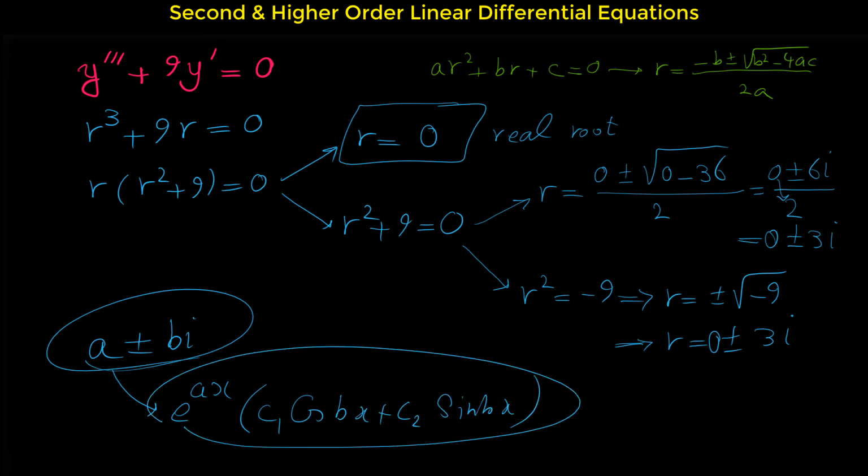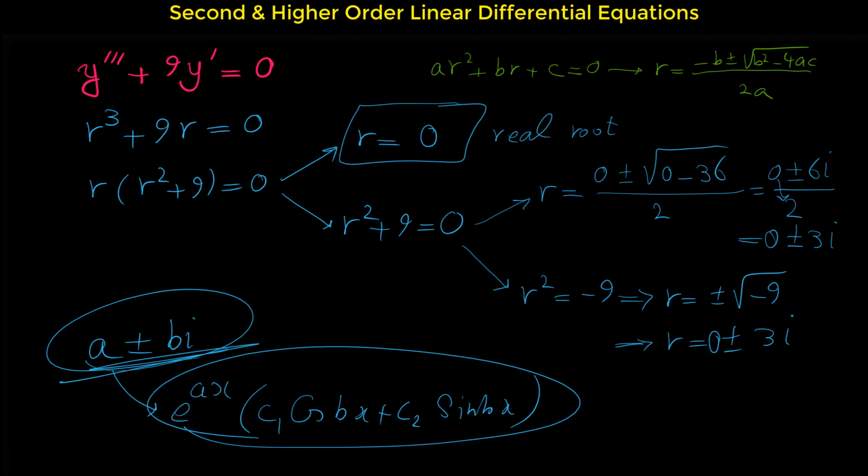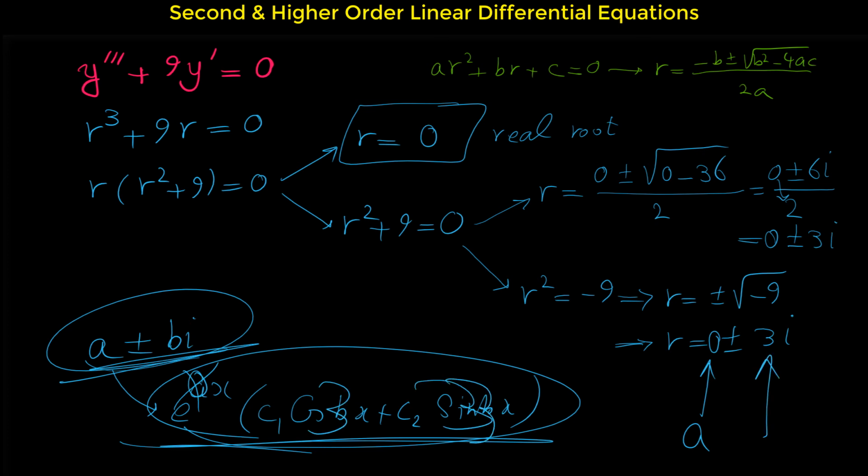This is the general formula for the complex roots. Here we have two complex roots, so for these two complex roots, we have to use this formula. a is 0, and b is 3. Here we have 3 and here we have 3. b is 3.